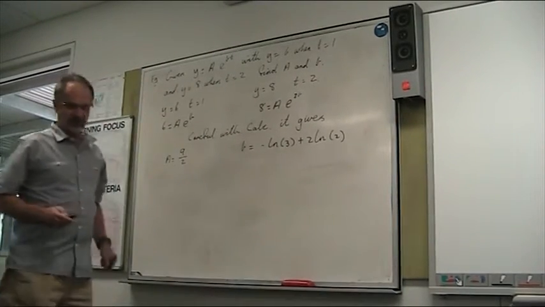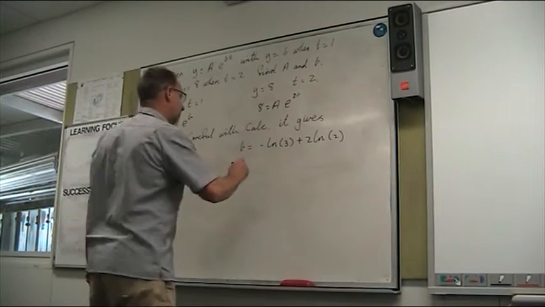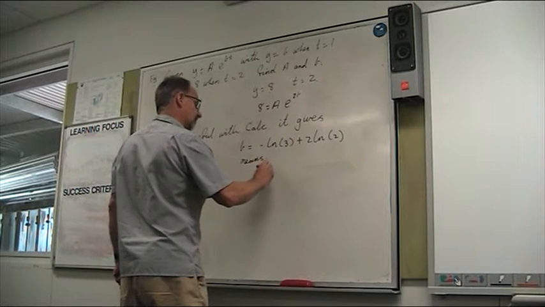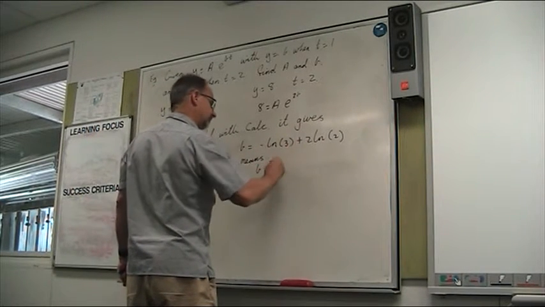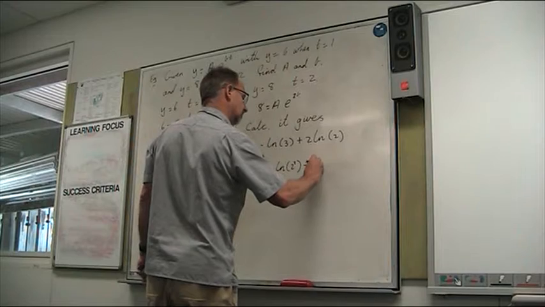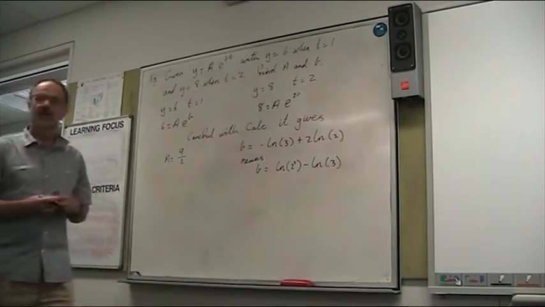So you've got two options there. You can rearrange it by hand, but what it actually means is this. LN is log base e. It's the natural log.